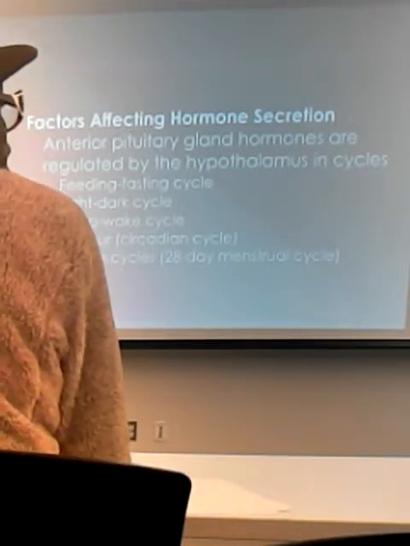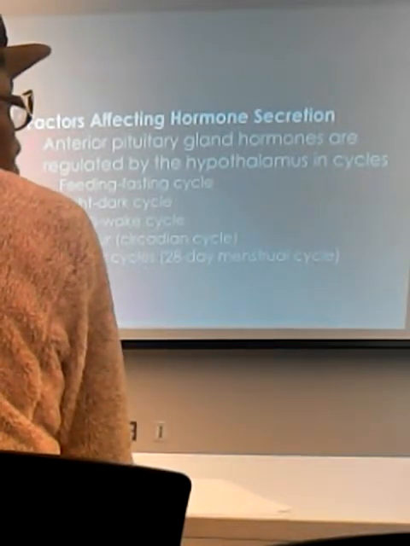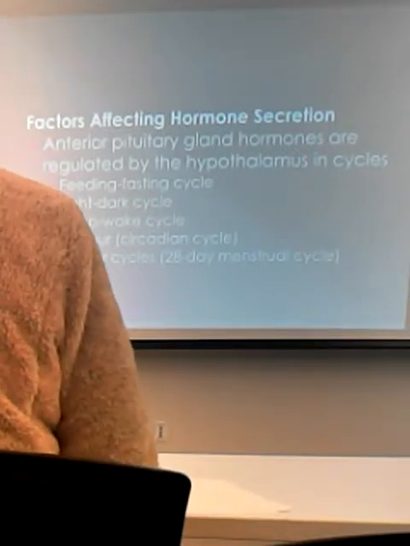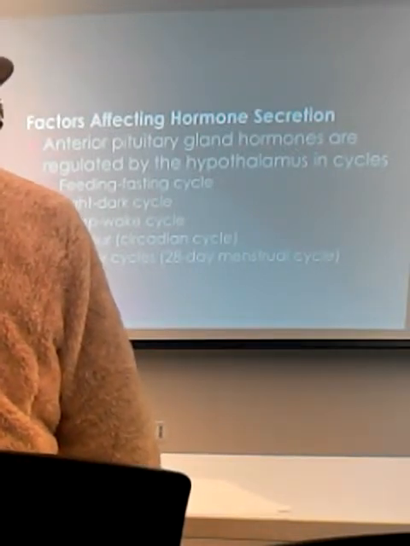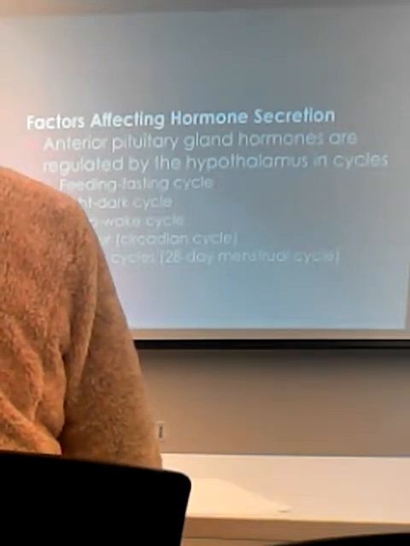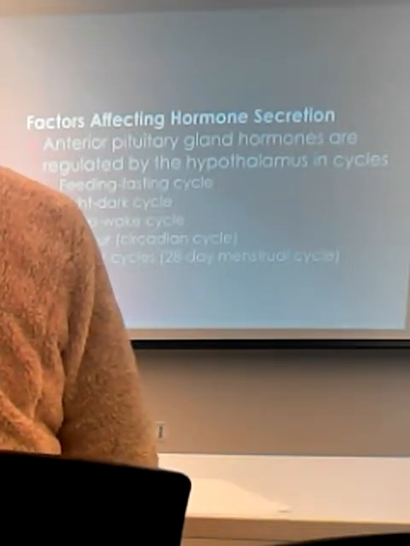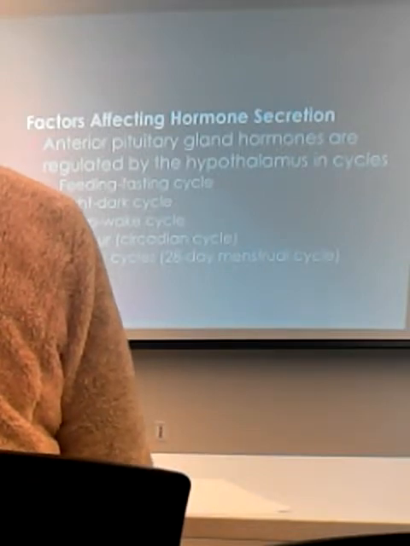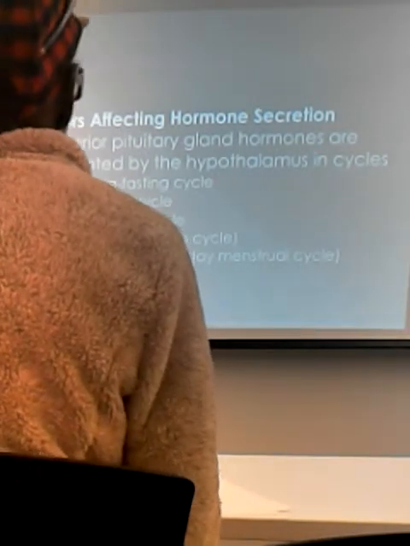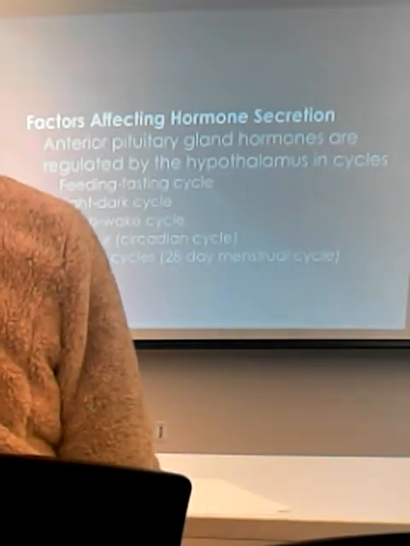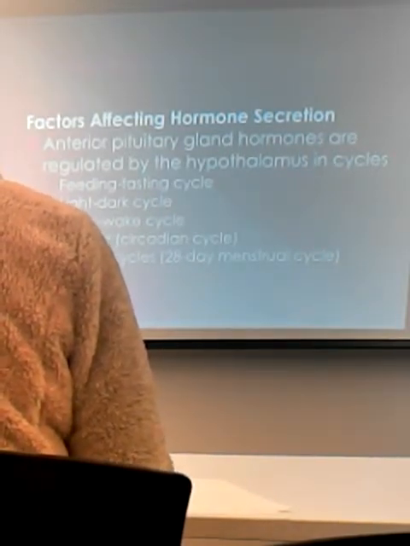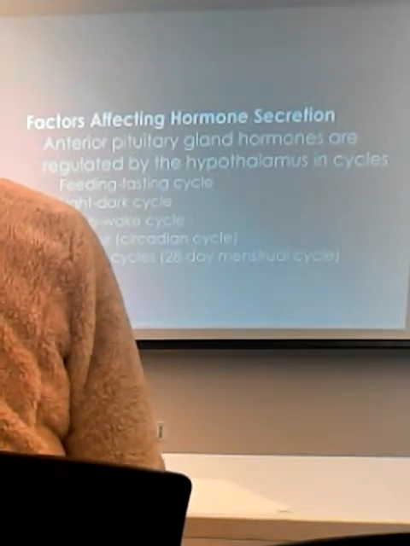FSH, LH, ACTH, TSH, prolactin, and growth hormone. Flat pig. Easy. Makes sense, everybody? And 4 of them, which we went over, are GS receptor, GS linked, cyclic AMP, protein kinase A, water-soluble hormones. Okay? So what goes into these things?